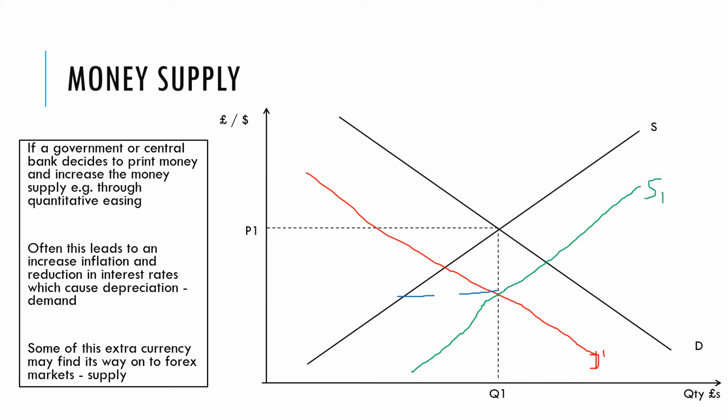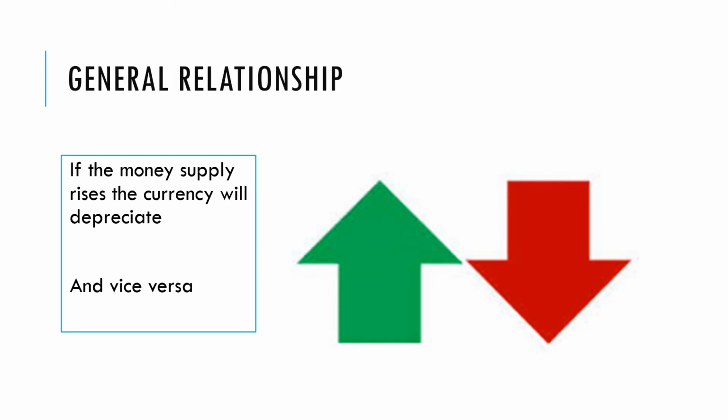So the effect we would see is a depreciation. So increasing the money supply will often lead to depreciation of the currency. So that's our general relationship. The opposite would also be true.